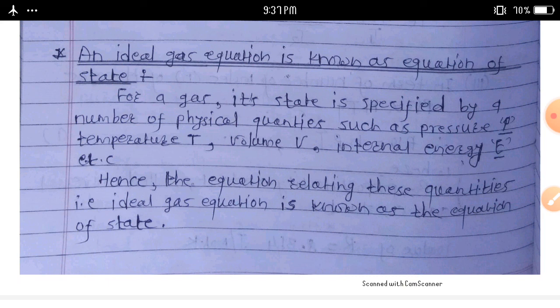Then next point is that the ideal gas equation is known as the equation of state. For a gas, a state is specified by a number of physical quantities such as pressure P, temperature T, volume V, internal energy E, etc. Hence the equation relating these quantities, that is the ideal gas equation, is known as the equation of state.